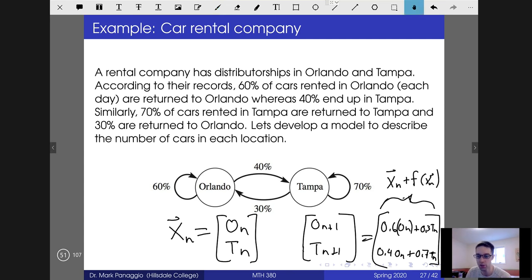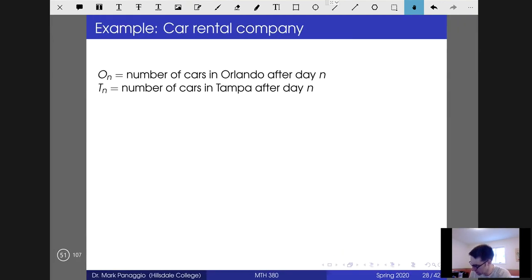Sometimes it's more convenient to think of it that way, sometimes it's not. In this particular case, because we weren't really keeping track of the change directly, we were thinking about where the cars came from, we can use this framework where we deal with both xn and f of xn all at once. All right, so there's our model.